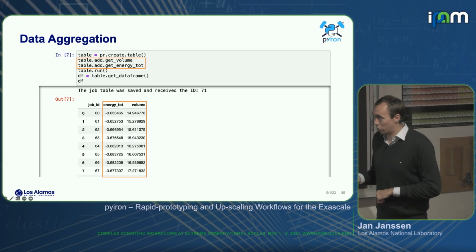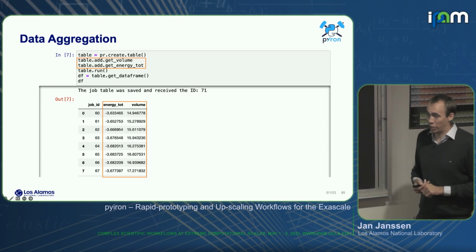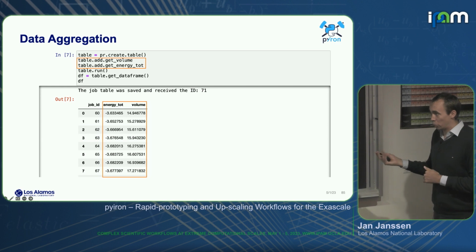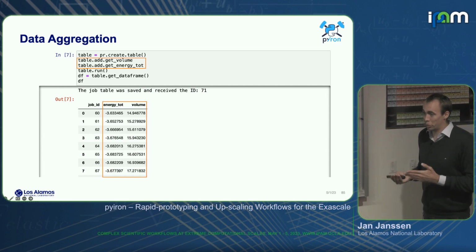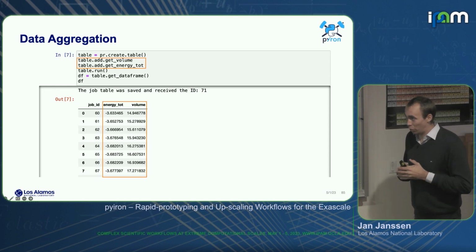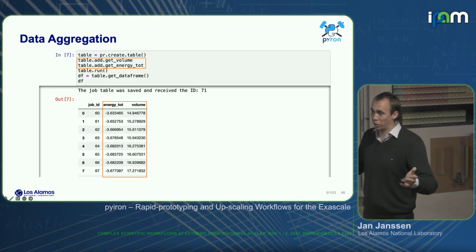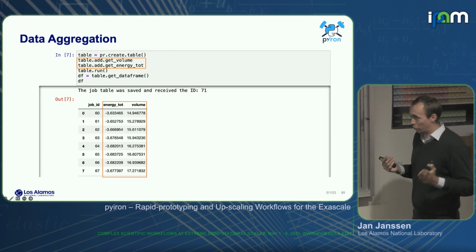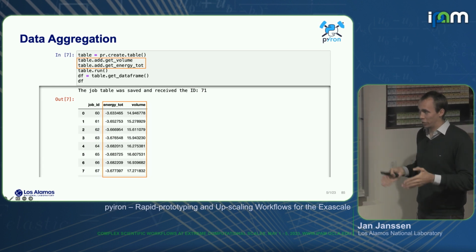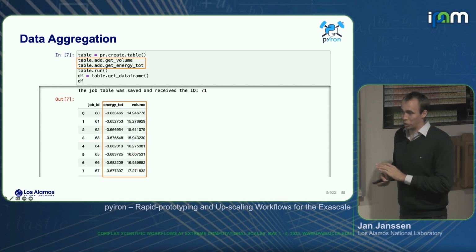Here, as I showed already, the get volume or get energy total. That's also what Jörg showed this morning. And then we get our data frame with these specific columns, right? So it's a very easy way to iterate over a huge number of data sets. You can basically decide what properties you are interested in, and we extract them from the HDF5 files and give you a pandas data frame with this specific data.